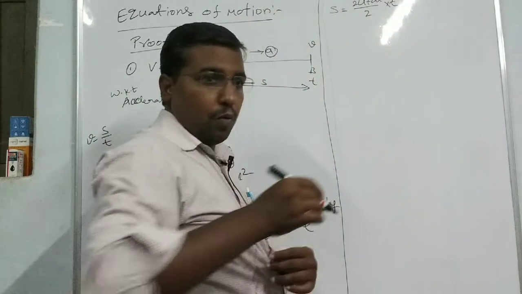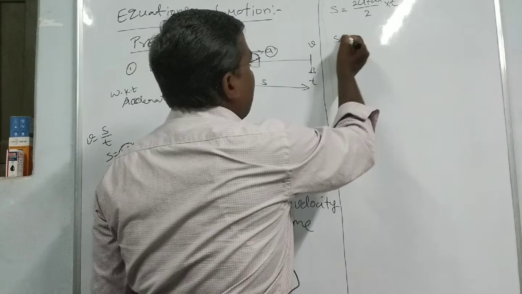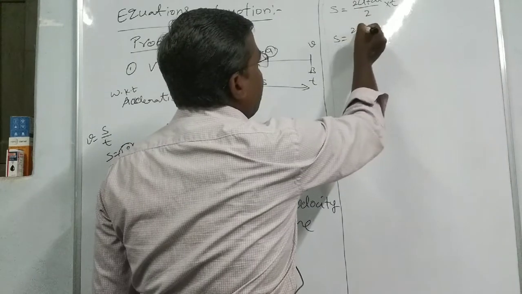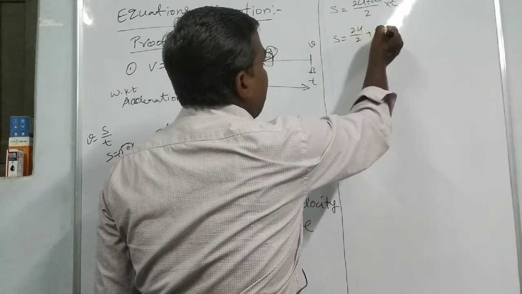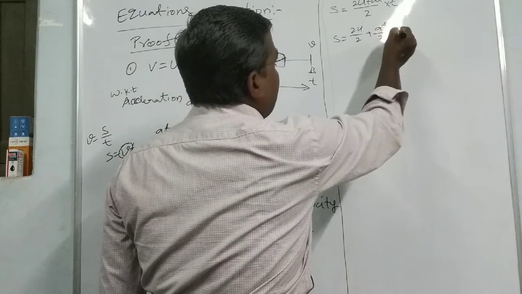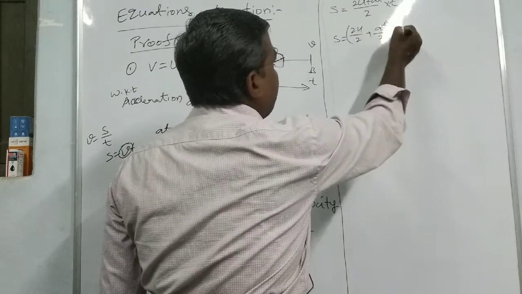Now s equal to 2u by 2 plus at by 2 into t.